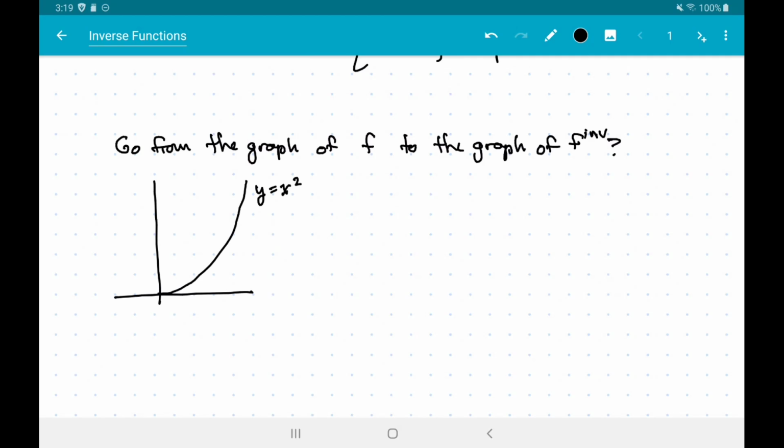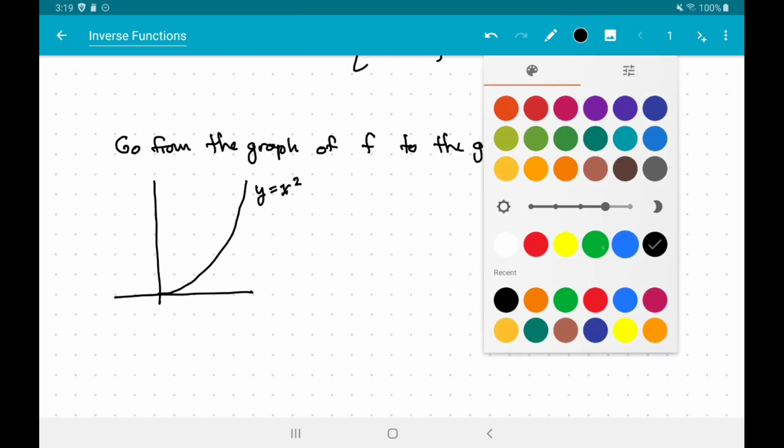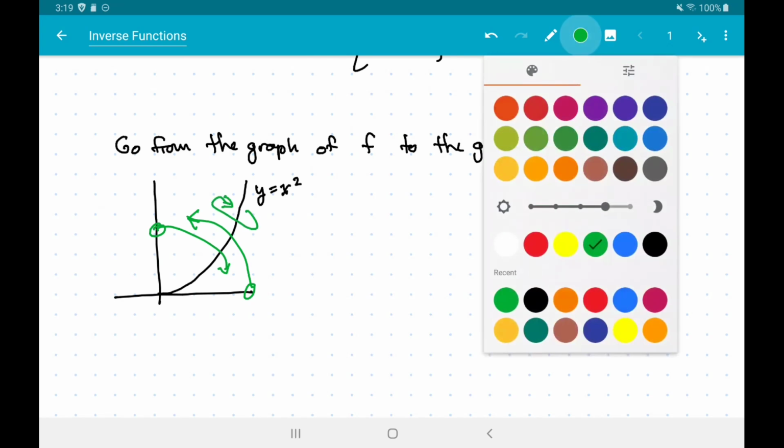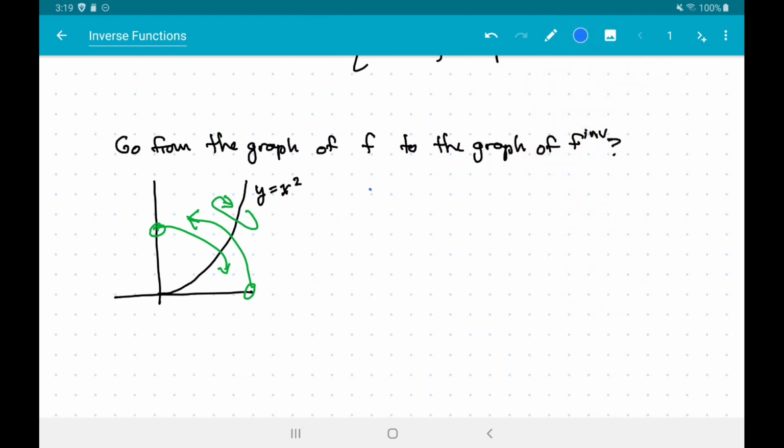Now, to do that switcheroo visually, what you have to imagine is, let's swap the roles of the axes so that the horizontal axis becomes the vertical axis, and the vertical axis becomes the horizontal axis, and that means that the graph is going to be flipped over. Okay, so what does that look like in the case of squaring?